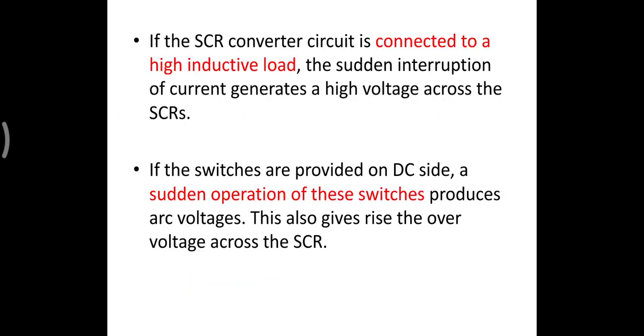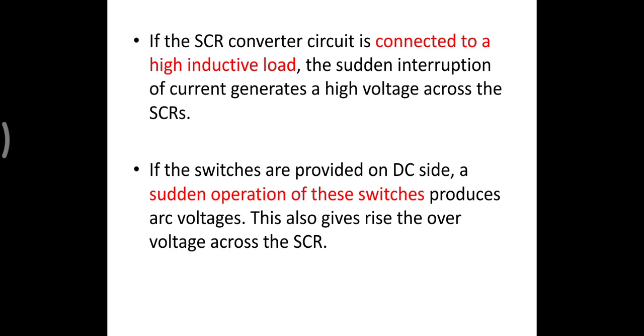The third one is because of the high inductive load. We connect the SCR to highly inductive loads, and if any sudden interruption is made, high voltages are generated and produced across the SCR. This is the third reason for causing over voltage.